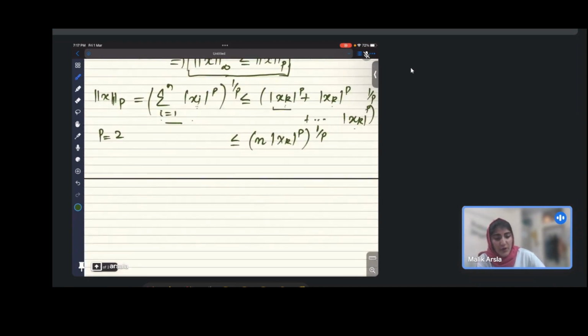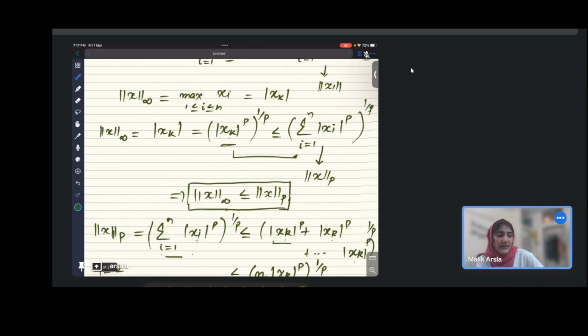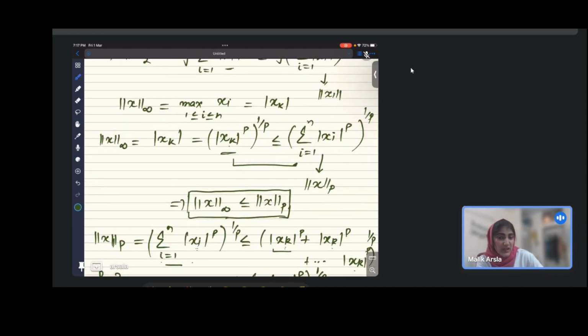From here, we know this thing is less than or equal to n to the power 1 by p times the magnitude of xk. And the magnitude of xk, we defined it here, is the infinity norm of x.